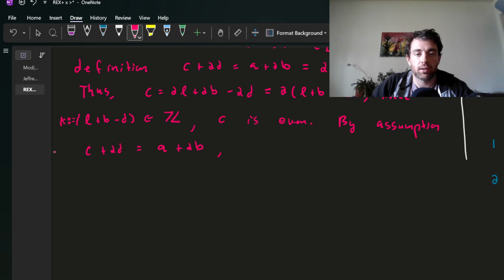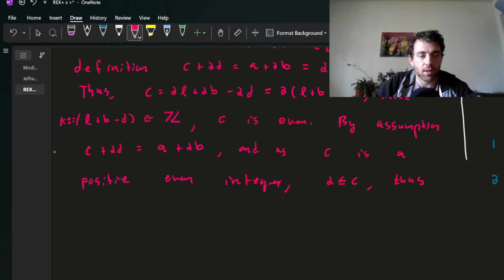Well, as C is a positive even integer, C is at least 2. Thus, 2 plus 2D is less than or equal to C plus 2D, which is equal to A plus 2B.